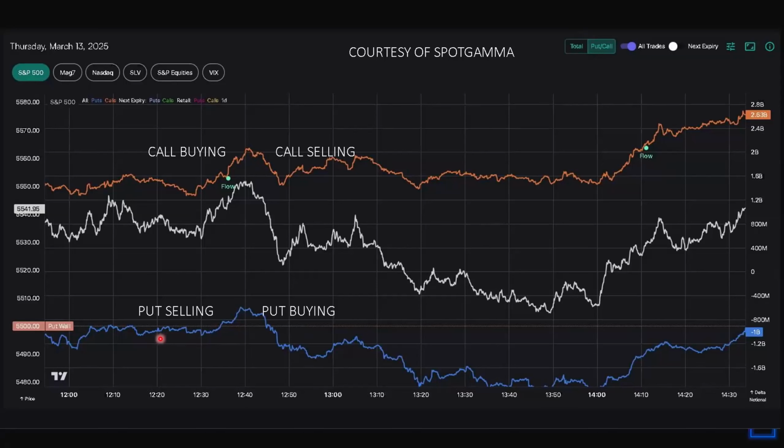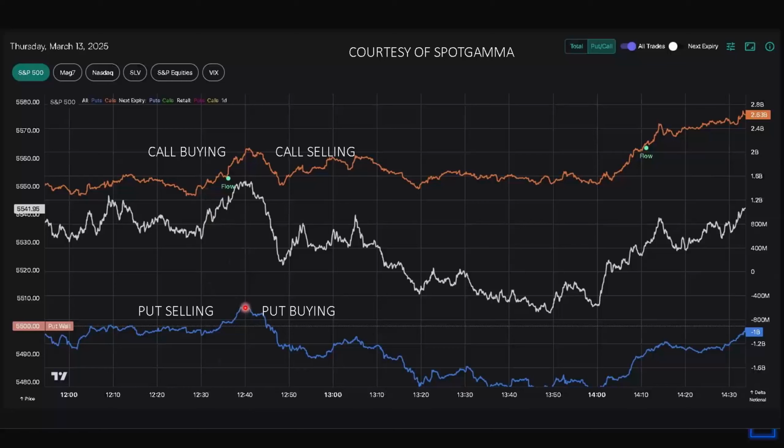Sometimes you don't have that. Sometimes, going into this low right here, the calls were being sold, but the put buyers were flat that entire time. So sometimes you see them both in confluence and out of.